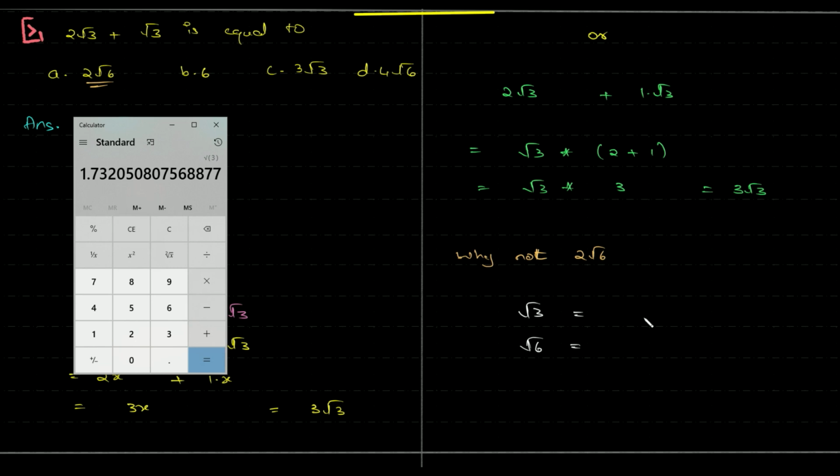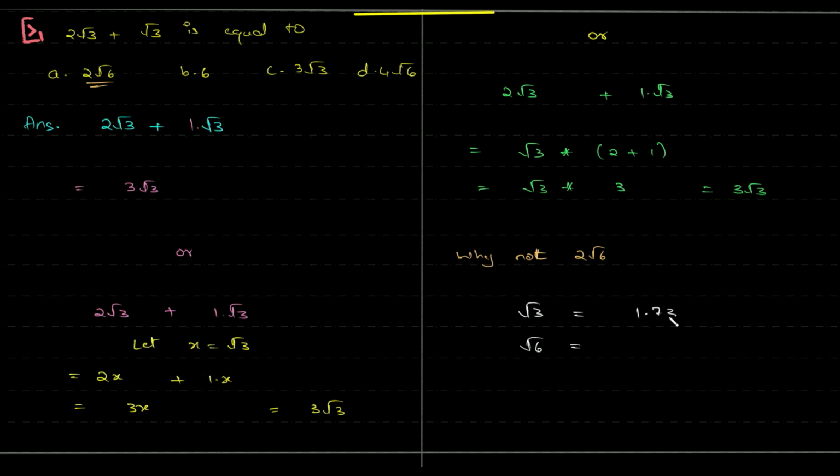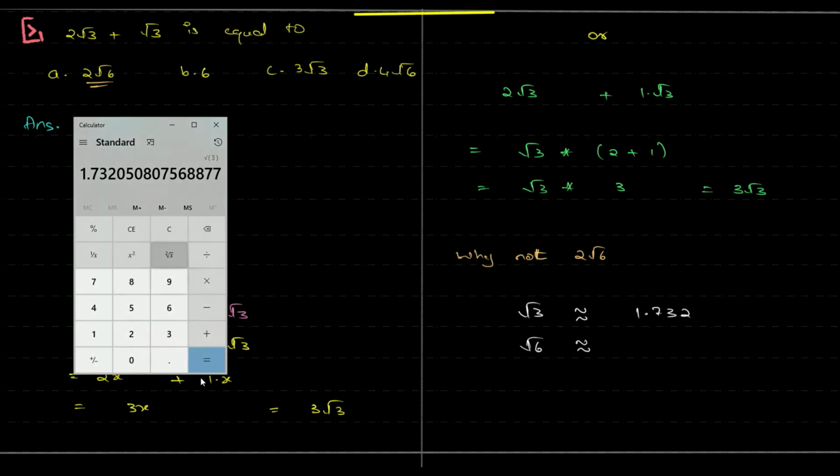1.732 is your root of 3. 1.732 is your approximate value. So I'll take the approximate value. Root of 6 is 2.4494, and so on and so forth. It's almost 2.5.